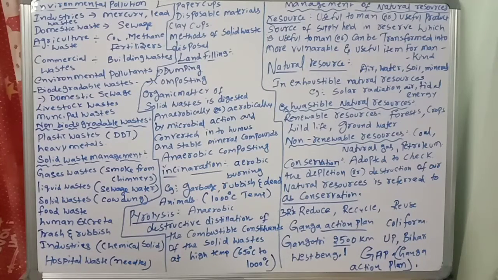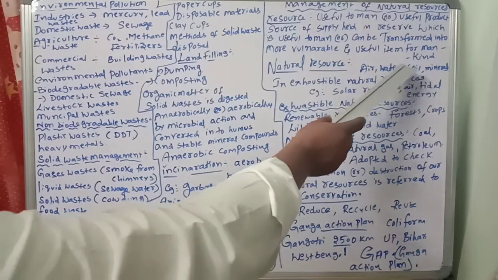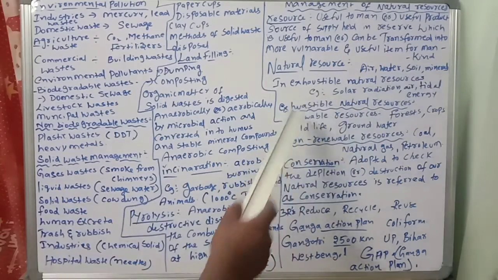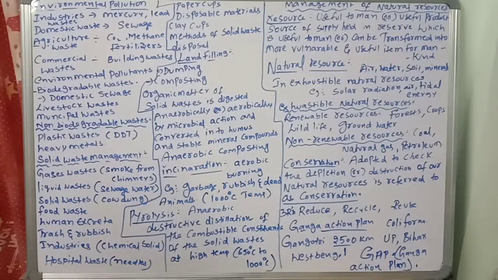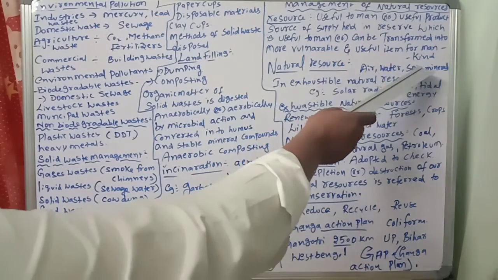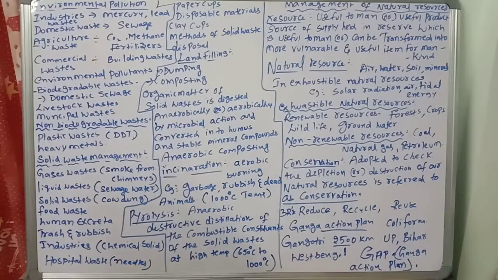So there are different types of resources. Natural resources. What are the natural resources? Air, water, soil, minerals, vegetation, forest, wildlife, fossil fuels. So these can be defined as normal environment-related resources.